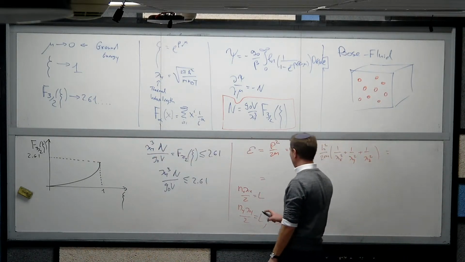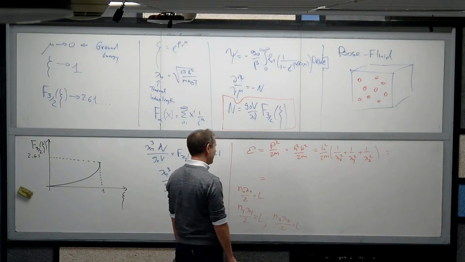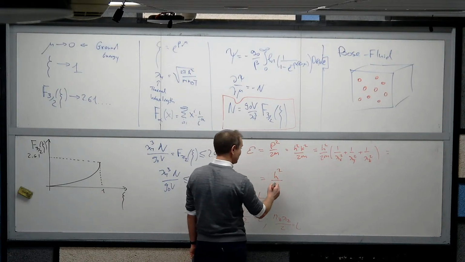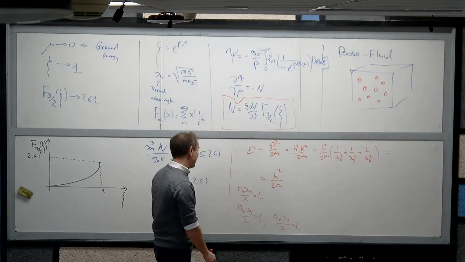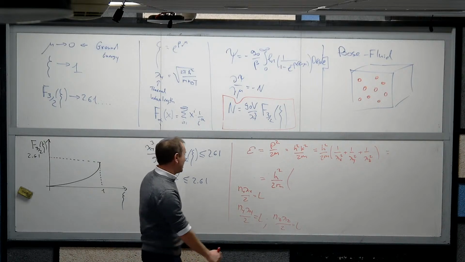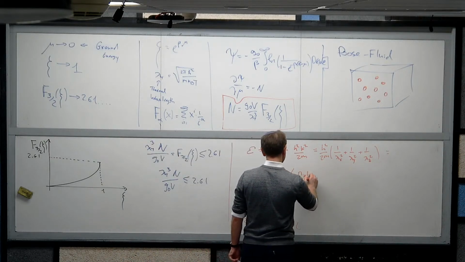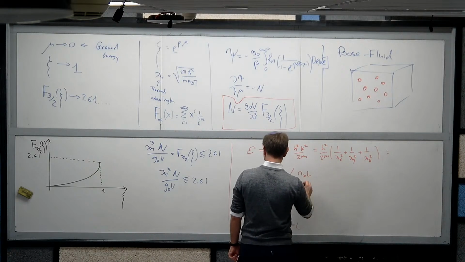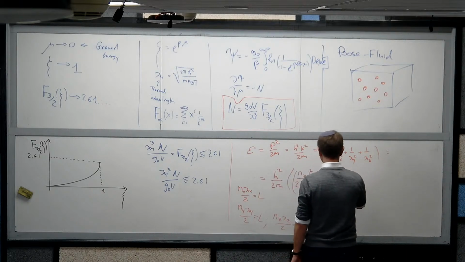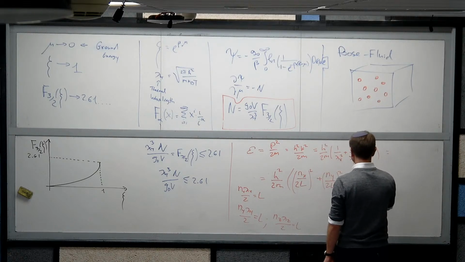In a second. Okay, so when we plug all of those things in, what we have is simply h squared over 2m, and inside, instead of lambda x, I write nx over L, nx divided by L divided by 2, squared, plus ny divided by 2L squared, plus nz divided by 2L squared.